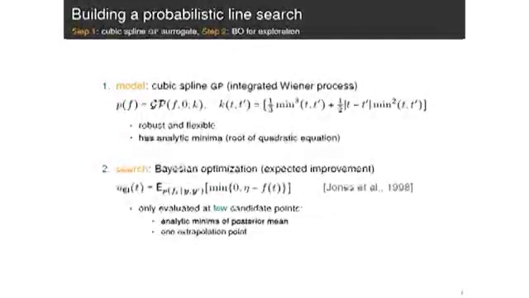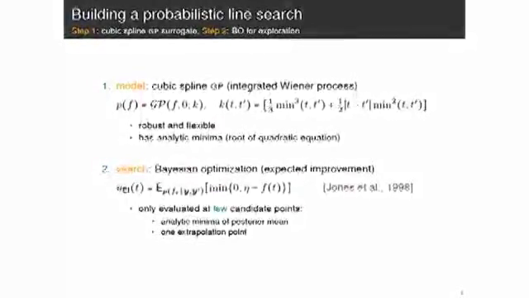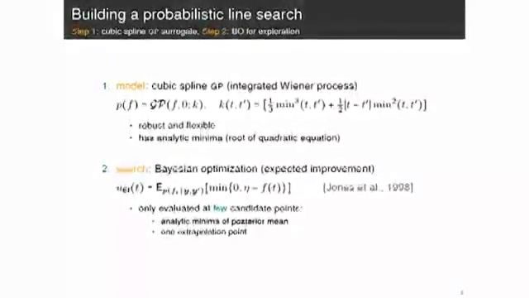So for the search of candidates, we do Bayesian optimization, and we use a well-known utility function called the expected improvement. Now, instead of optimizing the expected improvement globally, we will only evaluate it at a few well-chosen candidate points, which are the analytic minima of the posterior mean and one extrapolation point. And then we are going to choose in between these.